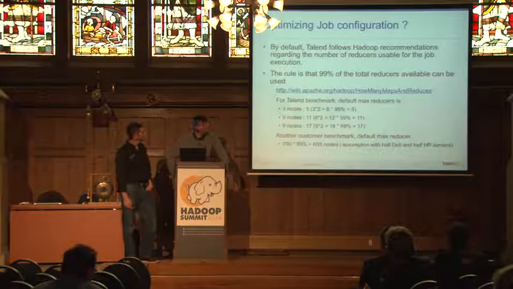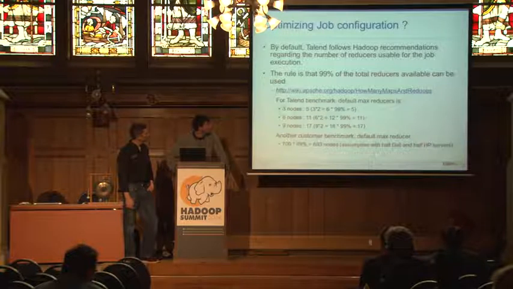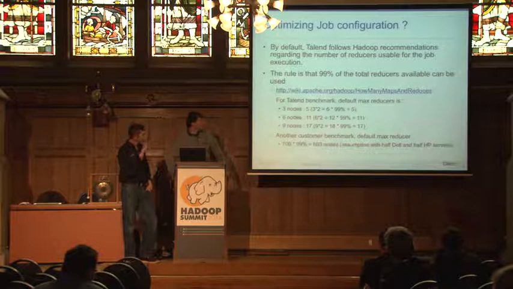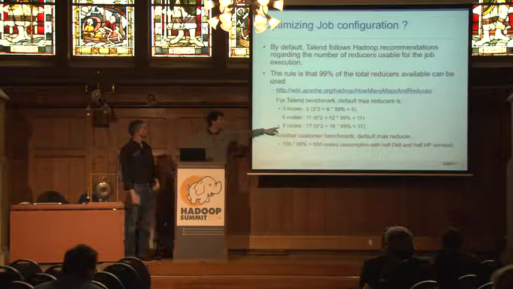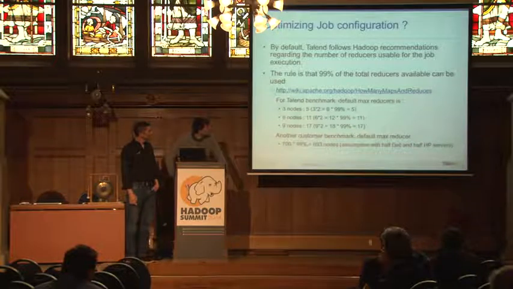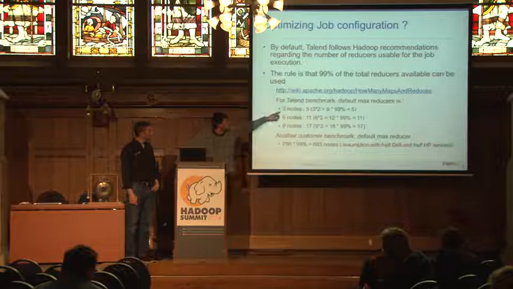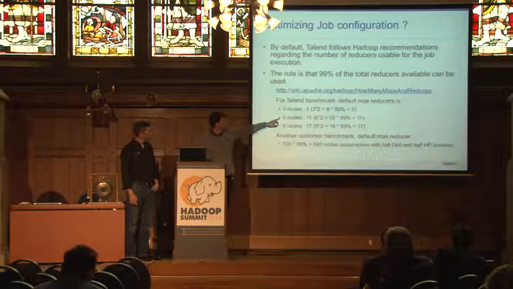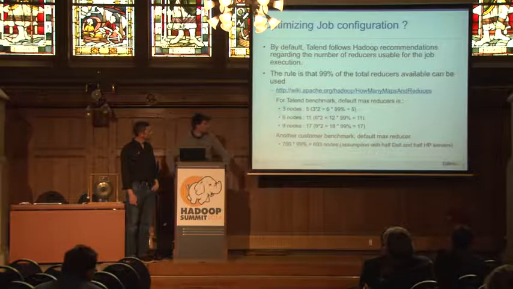It's just to highlight one, so that you can understand how we work. And for example, for Talend, we run it on 3 nodes, 6 nodes, 9 nodes, also to see the linearity of the benchmark. And so that shows for the first one we have 5 reducers, the second one we have 11, and the last one we have 17.